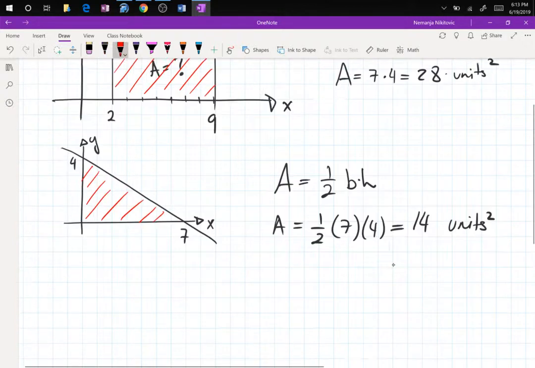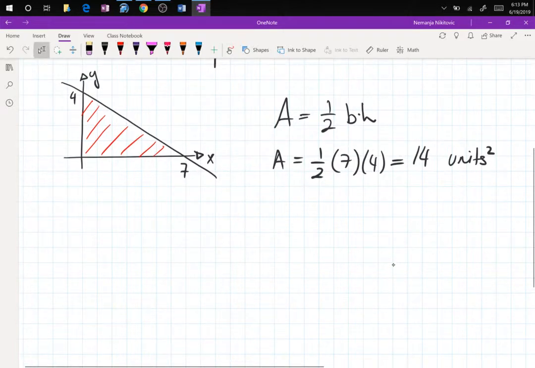So that's all cool. Now what happens if the function curves? If it's not a straight line, for me to have a triangle or a rectangle or a square or even a trapezoid, which we can calculate, right?